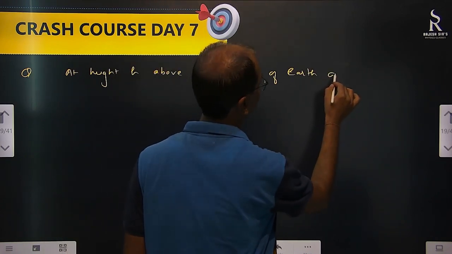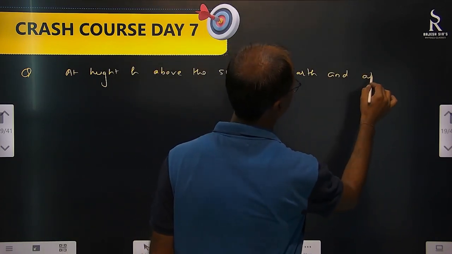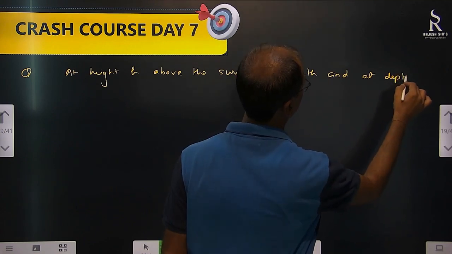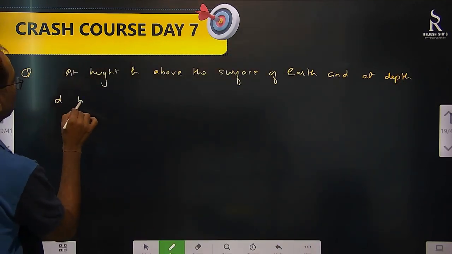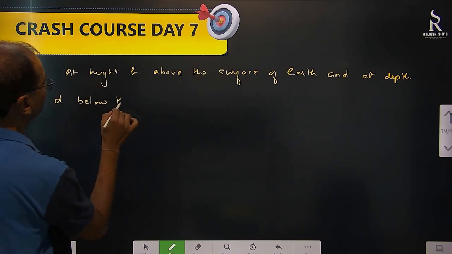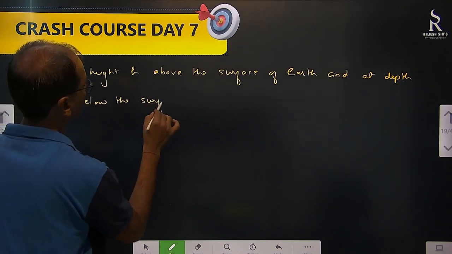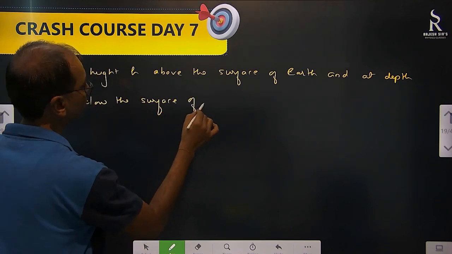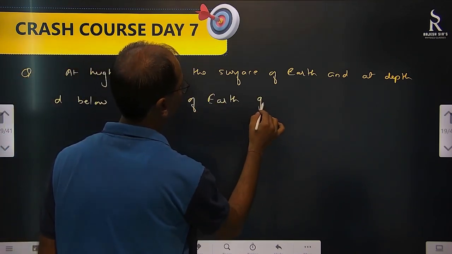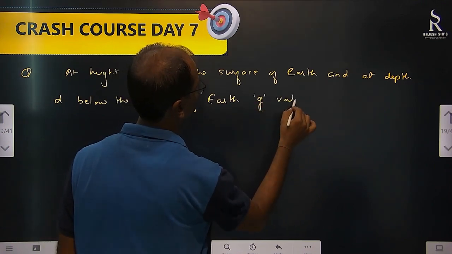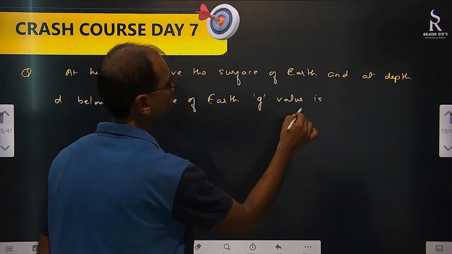and at depth d below the surface of earth, the g value is same.